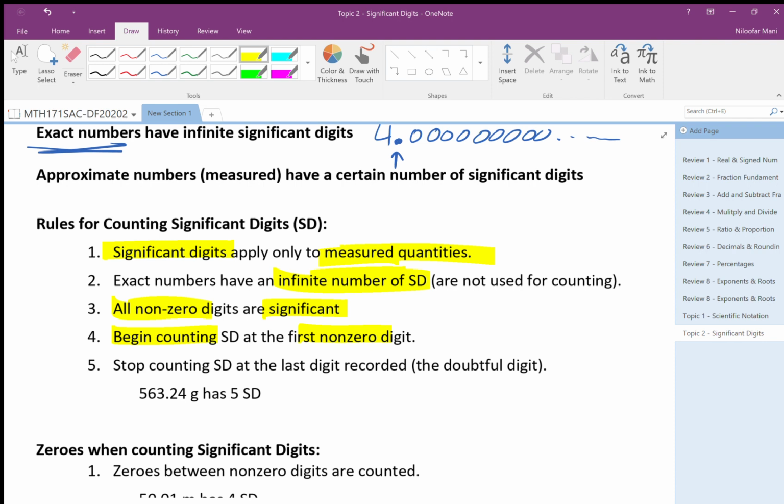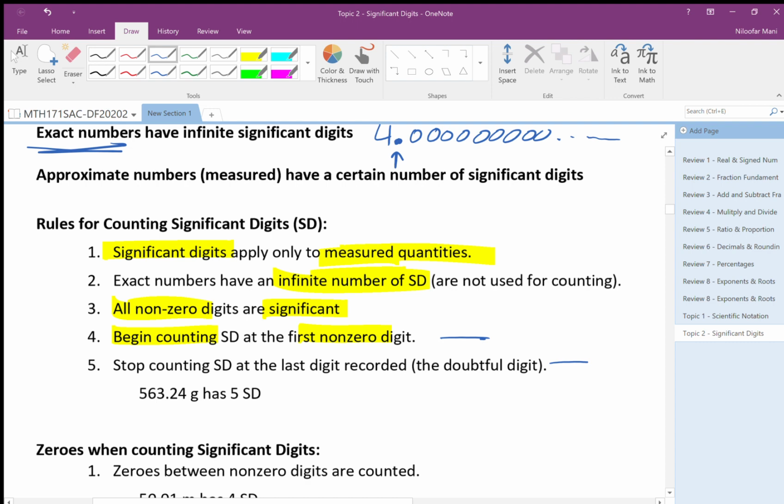Here is just a summary of what I said. Here and here tells you that you don't need to count zeros. For decimal numbers, you don't need to count those zeros that are after the decimal and before the first non-zero digit, and for non-decimal numbers you don't need to count zeros at the end.